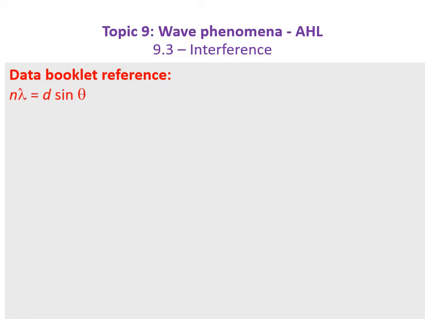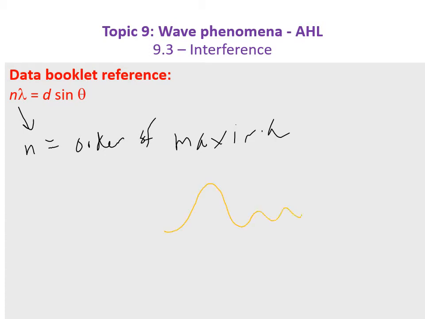This equation is good for double slits and diffraction gratings that have thousands of slits. n is the order of the maximum. So n is equal to the order of the maxima, that's the number of peaks beyond the central peak for an intensity or an interference pattern.